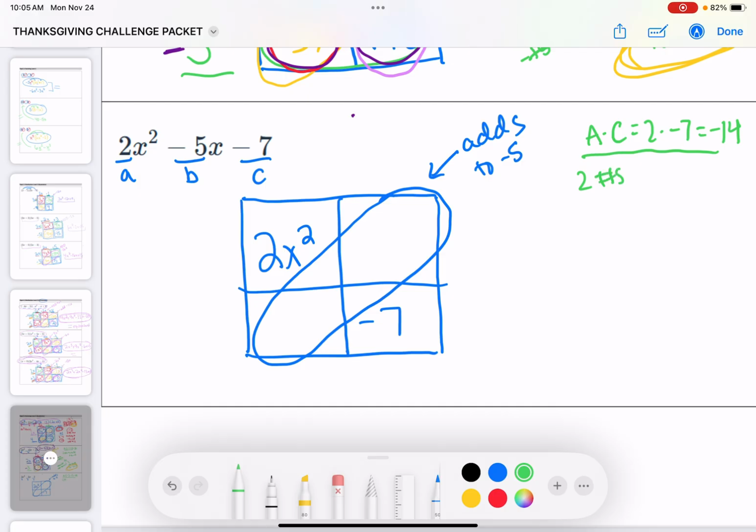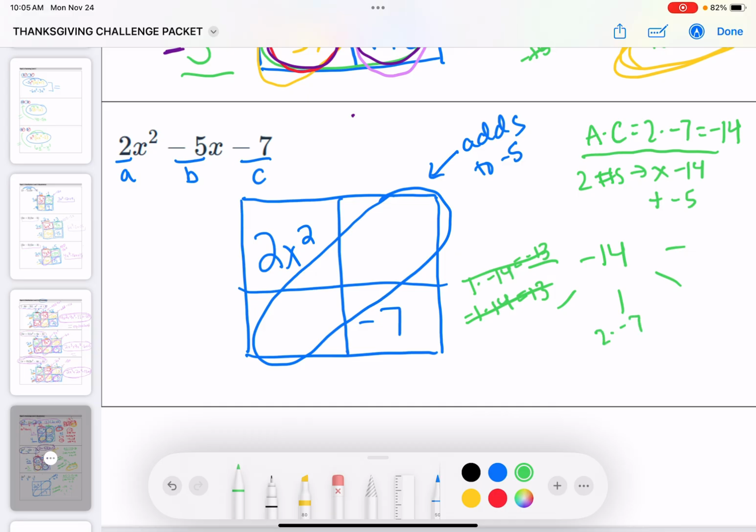They're going to multiply to -14, and they're going to add to -5. I'm going to make my little factor tree to think about things. We can start with 1 times -14 and -1 times +14. If I add 1 and -14, I get -13, which is not what we're looking for. -1 plus 14 is +13, also not what we're looking for.